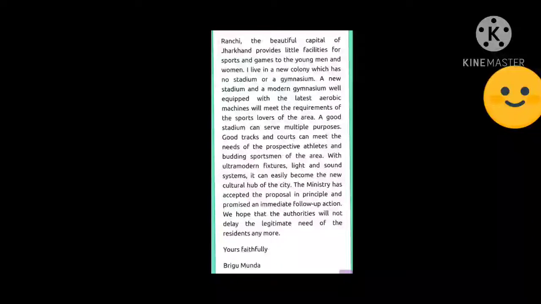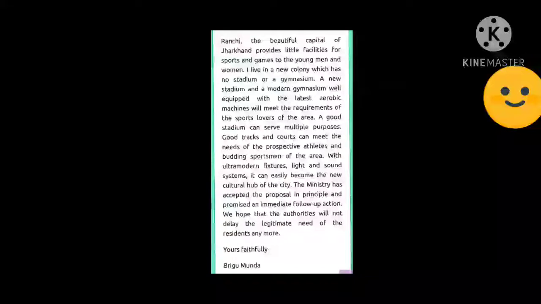The ministry has accepted the proposal in principle and promised an immediate follow-up action. We hope that the authorities will not delay the legitimate, means legal or lawful, need of the residents anymore.